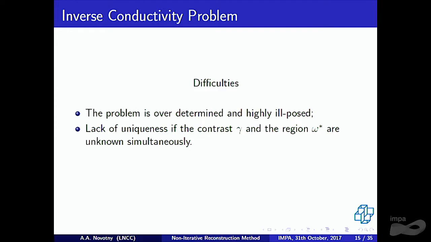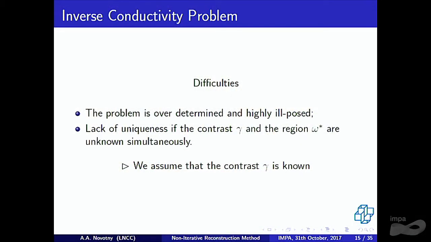For example, a small inclusion with a high contrast can produce the same Cauchy data, the same trace and normal trace on the boundary, as a bigger inclusion with a small contrast. Okay, so we assume that gamma, the contrast, is known. I mean, the paradigm here is the following. We know what we are looking for, but we don't know where they are.